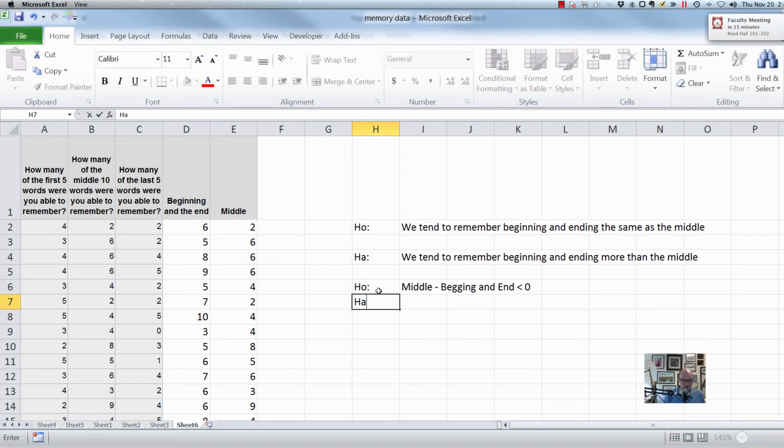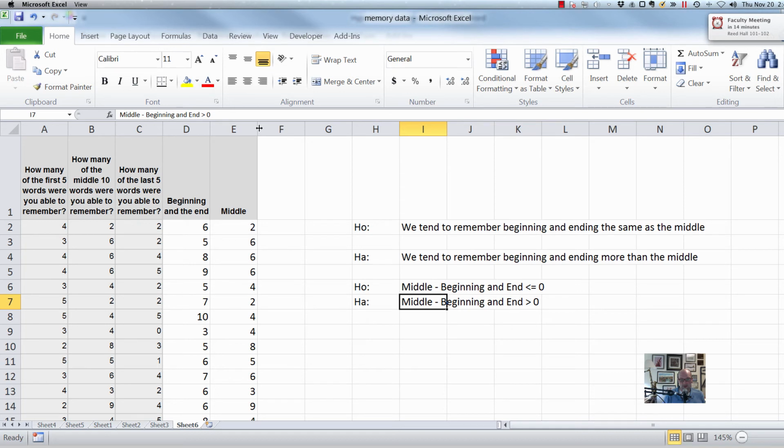The alternative is the middle minus the beginning, not the beginning and end is greater than 0. So remember, I actually already screwed up. First of all, beginning. Thanks for being patient on my terrible spelling. Beginning is less than or equal to 0.